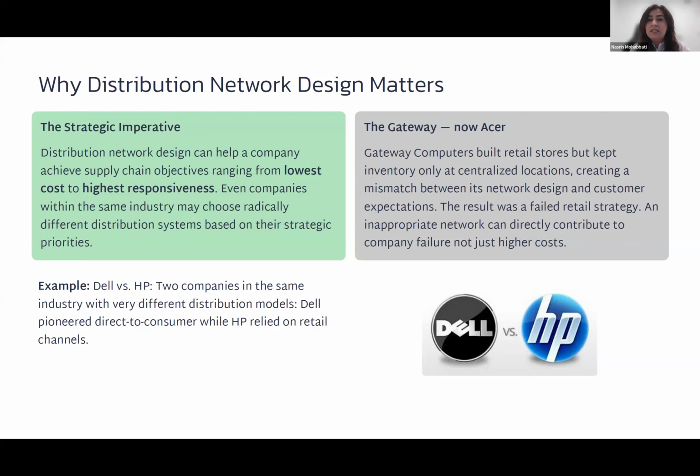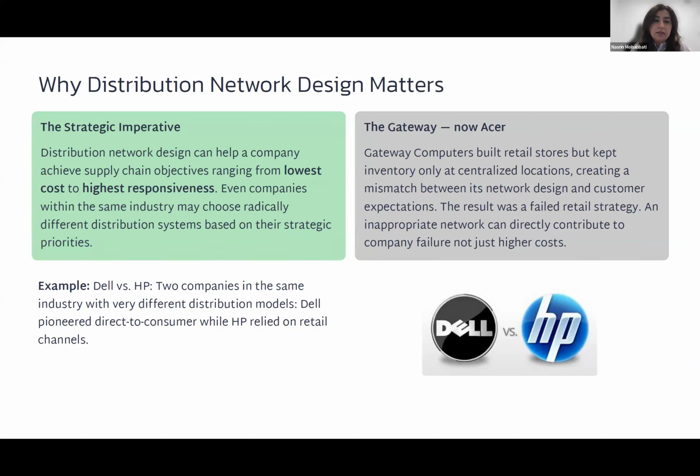They really didn't need that much customization because technology was good enough. Not necessarily did people need to do any personalization or customization on their computers. But Gateway failed to deliver such service to their customers. And later, in 2007, Acer acquired Gateway computers.